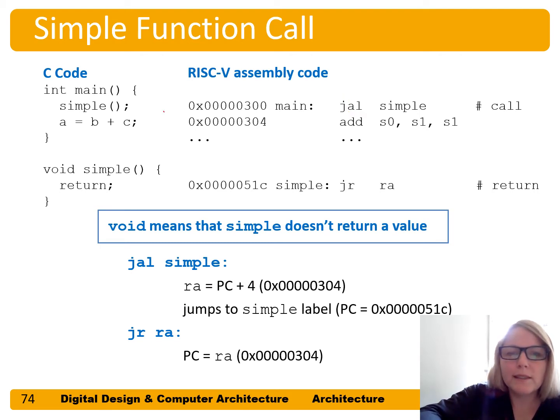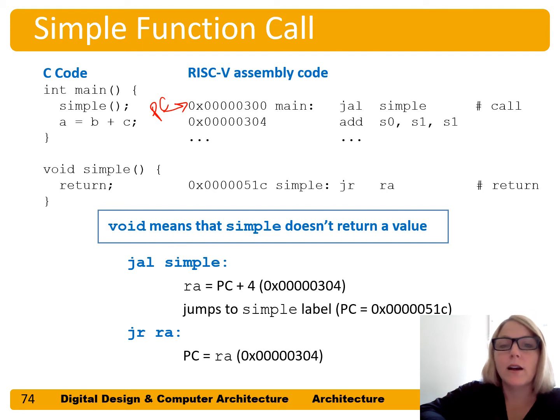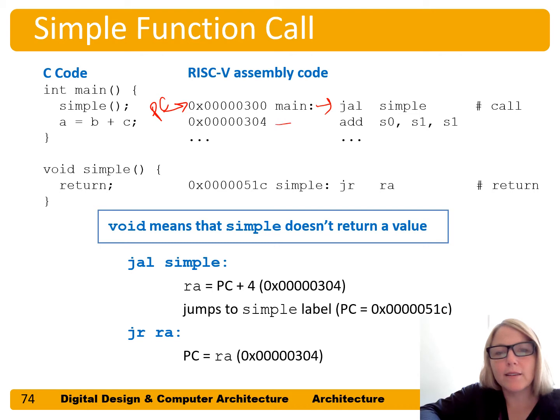And here we go, PC+4. Well, the PC is the program counter, and it holds the current value of the address being executed. So our instructions are also stored in memory, just like our data. The jump and link instruction is a 32-bit instruction, and so it takes up 4 bytes. So the next instruction is at hex 304, the next one would be at hex 308, and so on.